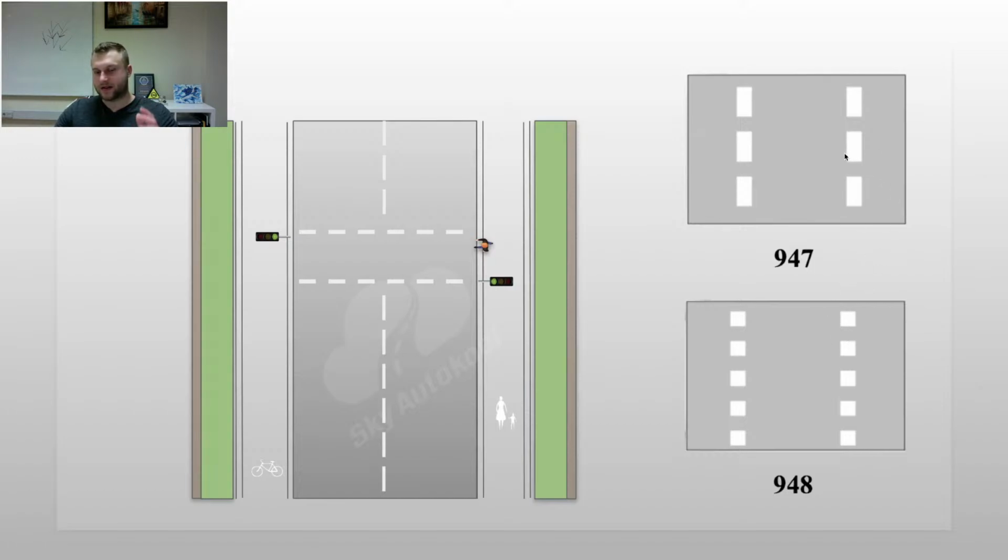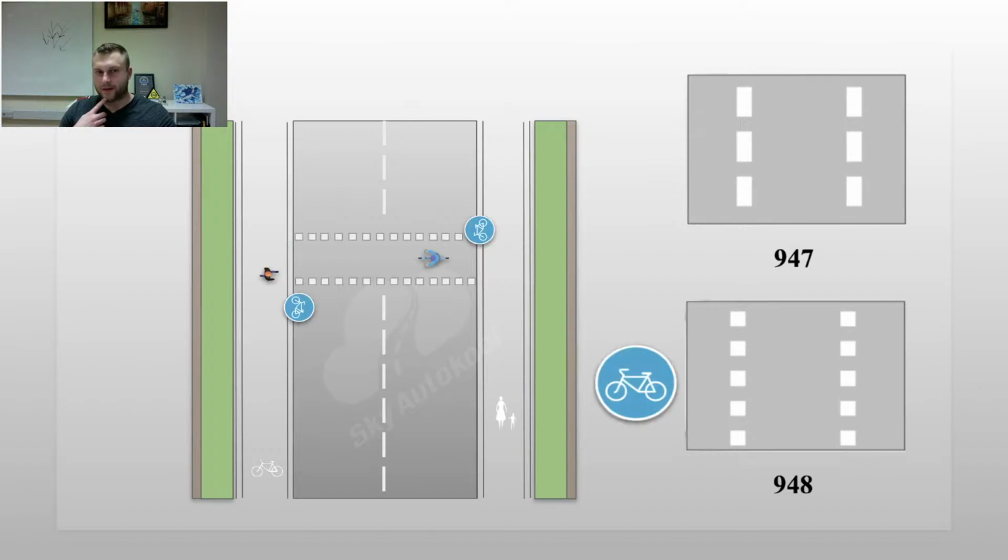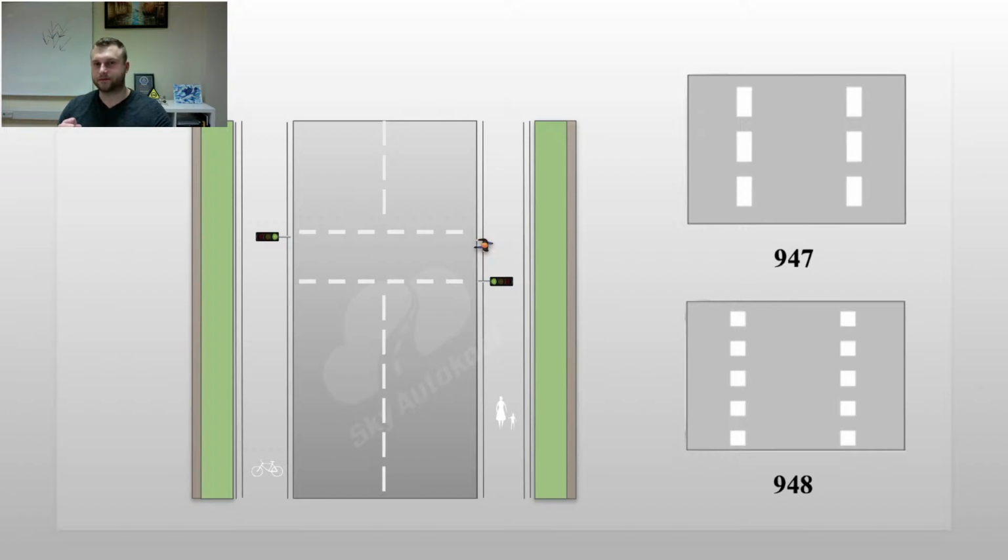But you see one is longer, the other is shorter. The shorter one is for cyclists. The longer one is for pedestrians. This question definitely appears on the exam very often, I can say. So try to remember the difference: the shorter for cyclists and the longer one for pedestrians. It's just one of the types of pedestrian crossings.